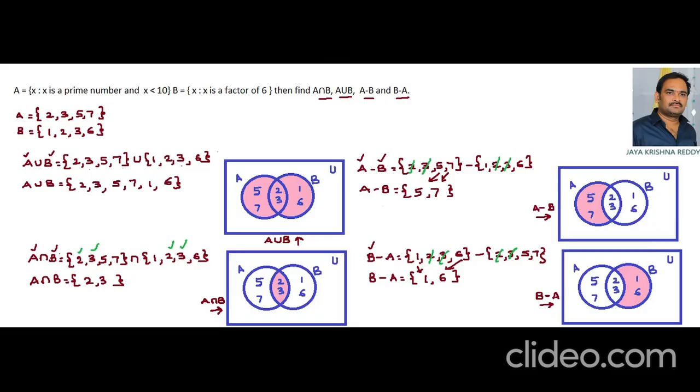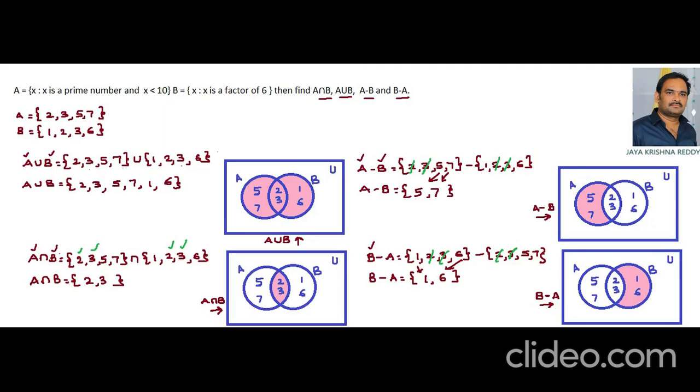And from these Venn diagrams, observe that the position of sets and elements of the sets will be the same in all these four Venn diagrams. Only the shaded region will be different. In A union B, both sets A and B are shaded. In A intersection B, only the part having elements 2, 3 is shaded.